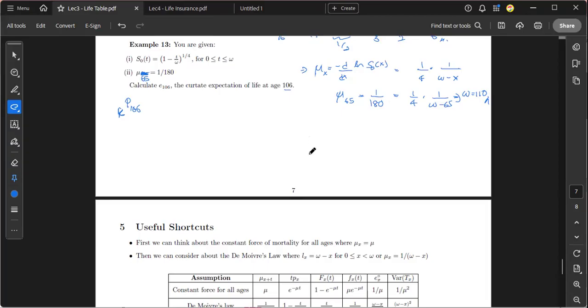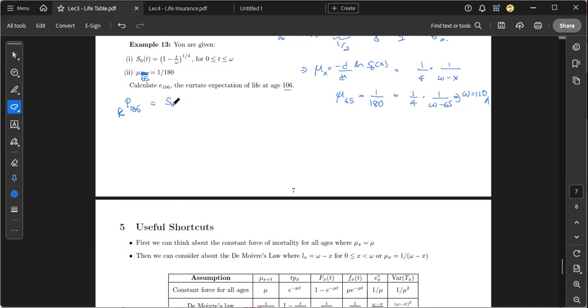And now, since the maximum age is 110 and the current lifetime is for a person who is at 106, we just need to find the probabilities of four jumps. And let's say it's like this. So for this one, I can write it down.